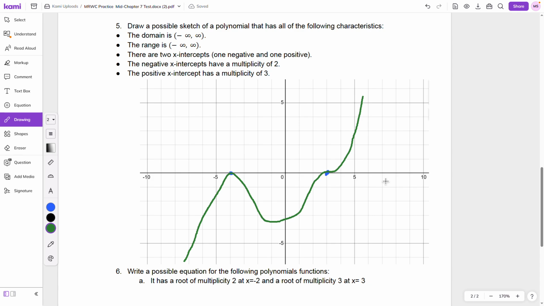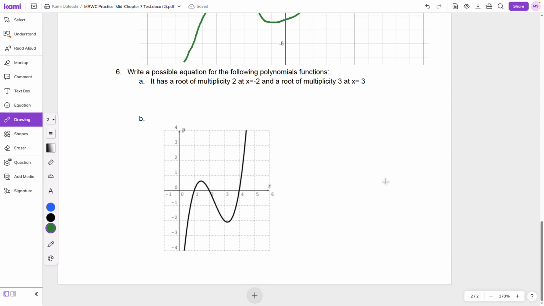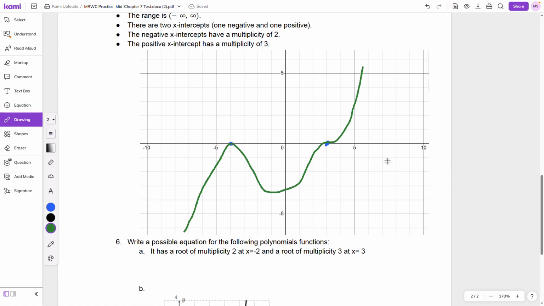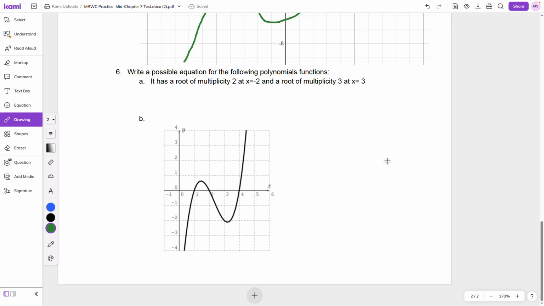Last one. Write a possible equation for the following polynomials. You want to see it again? Just pause the video and look at it. Write a possible equation for the following polynomial function. It has a root of multiplicity. These are two different ones. I actually want to look at B first.